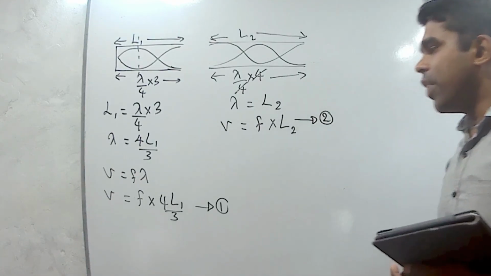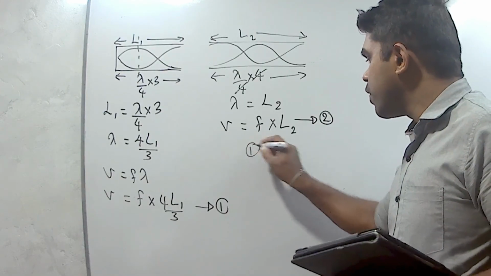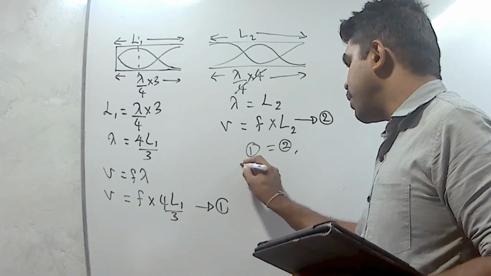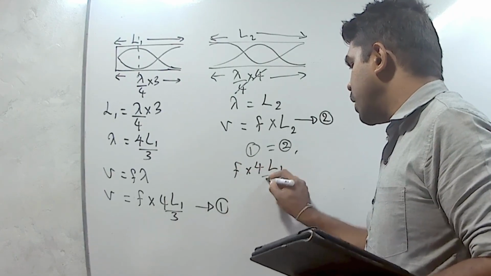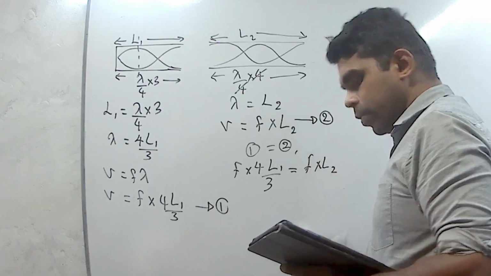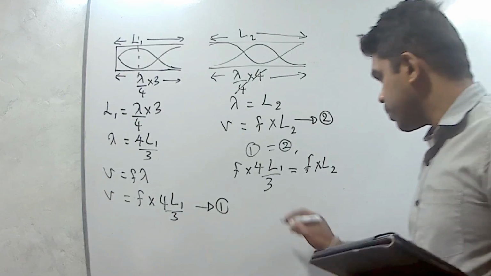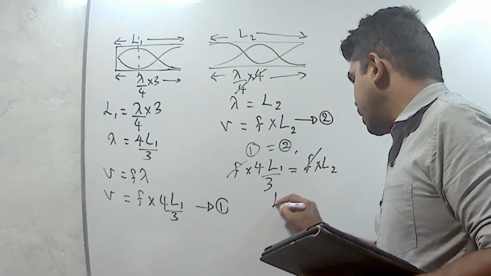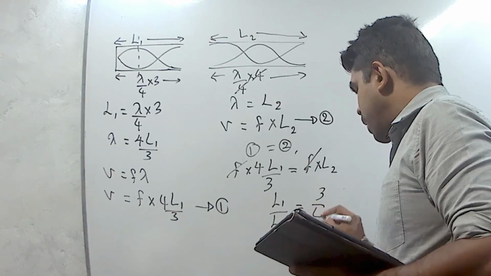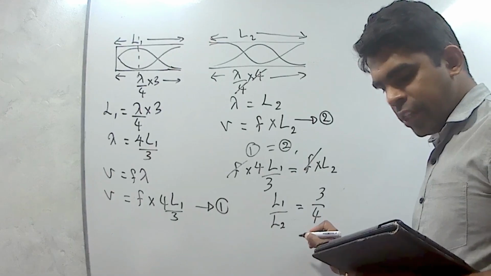Now there are two equations. Left hand sides are same. Therefore, we can equate the first equation and second equation. F into 4L1 over 3 should be equal to F into L2. Now we have to find the L1 over L2 ratio. We can cancel out F and make L1 over L2 the subject. It should be 3 over 4. Then the answer is 4.